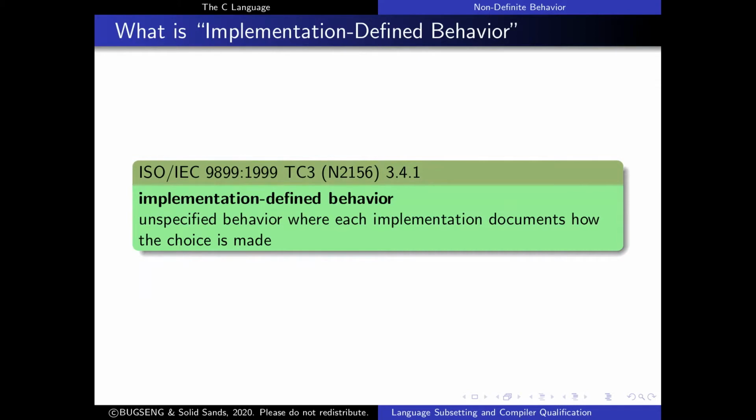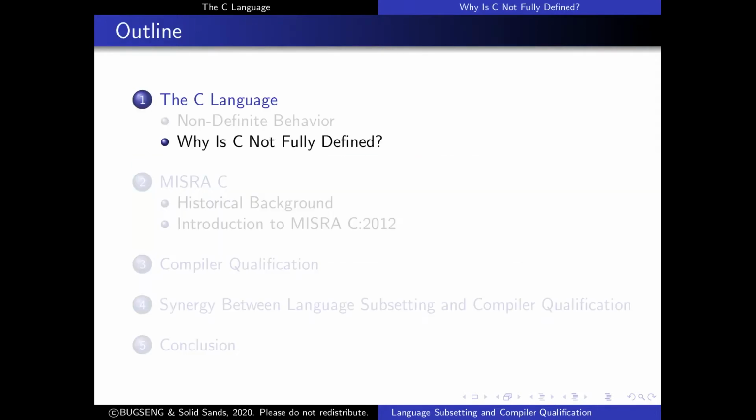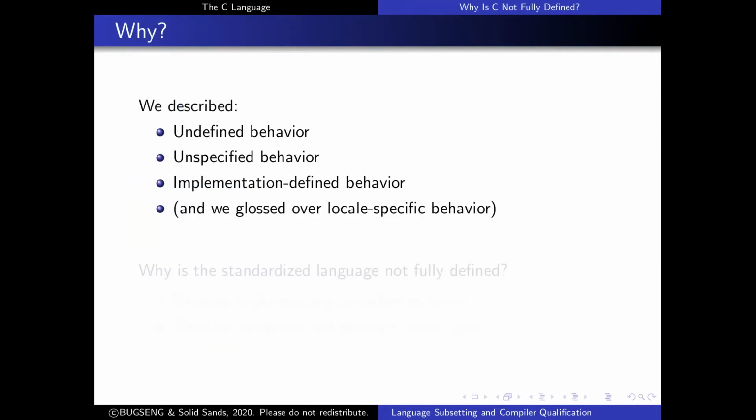There are many other implementation-defined behaviors, more than 100 in all versions of the language. So we have described undefined behavior, unspecified behavior, and implementation-defined behavior, and we didn't talk about locale-specific behavior because it's not so important for this presentation.